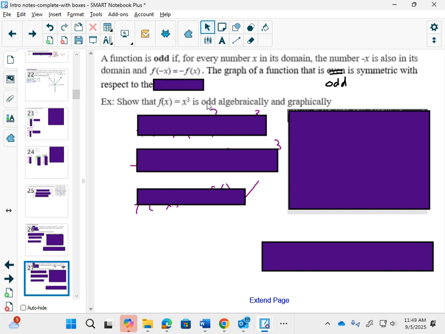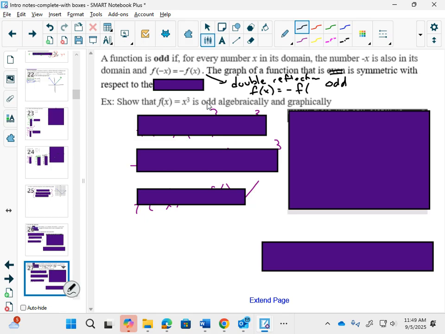I sometimes think of odd functions as a double reflection, because technically I could take this and get f of x equal to moving the negative over to the other side and having both reflections on the other side. That's perfectly fine.